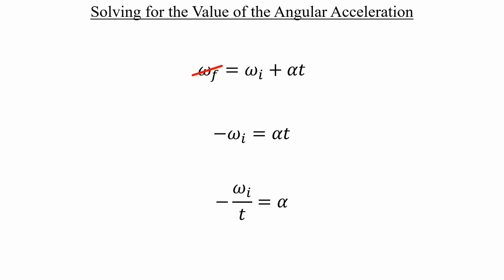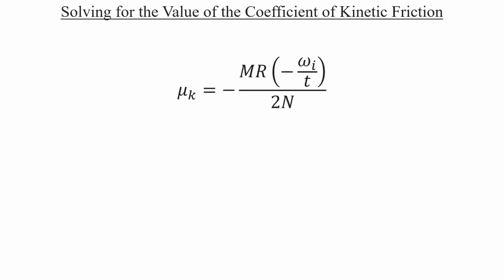There it is. I'm going to insert this ratio for alpha into our previous equation and then clean it up a bit to make it look pretty. Now it's ready for some numbers.